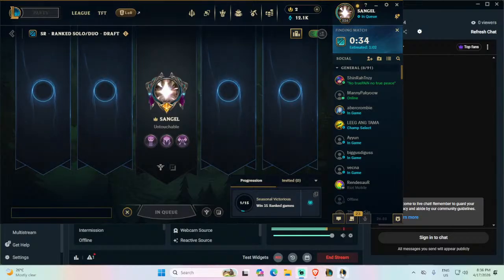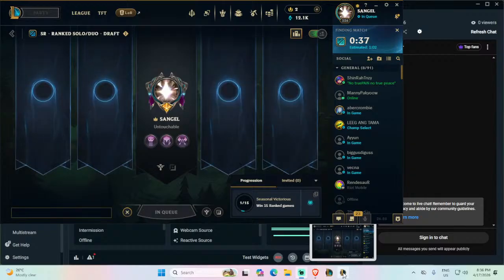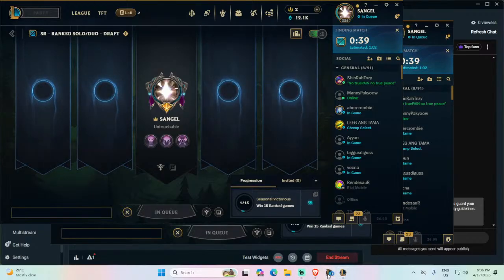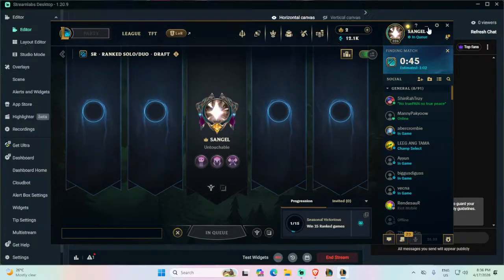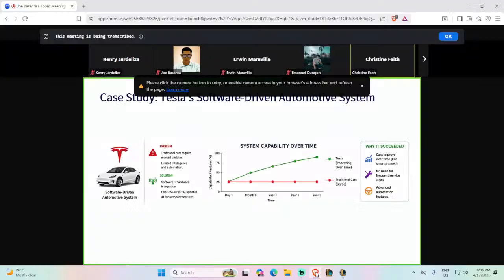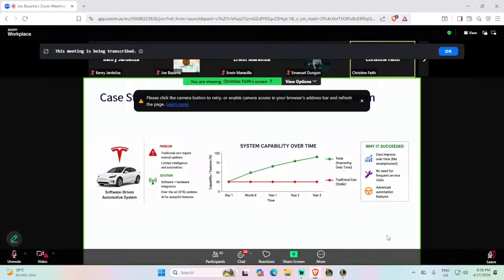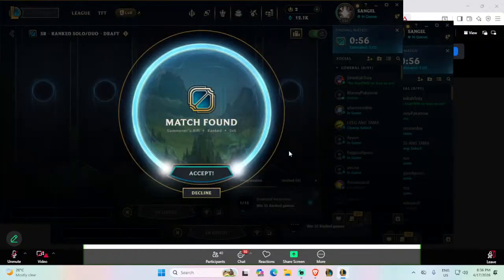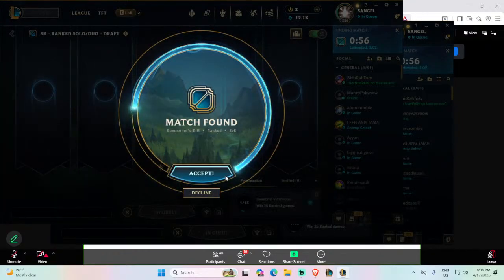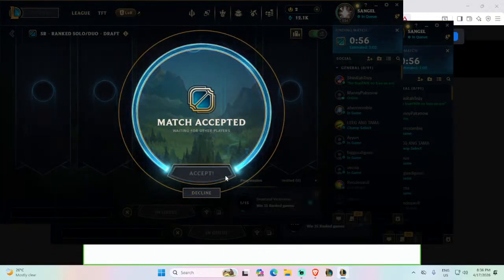So Tesla's systems are scalable and flexible, while traditional systems are static. And why it succeeded? Cars improve over time, like smartphones getting updates. Next is no need for frequent service visits. Updates happen automatically. And the last one is the advanced automation features.